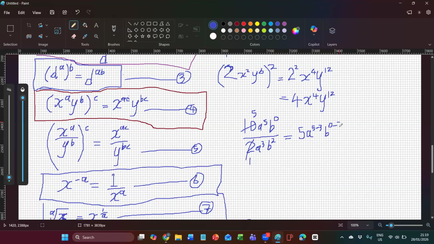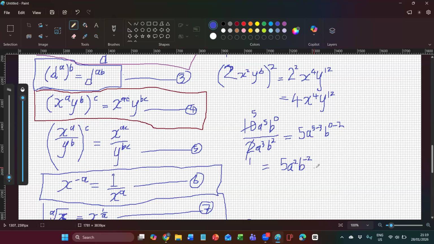Minus 2. So the final answer will become 5a raised to the power of 2, b raised to the power of minus 2.